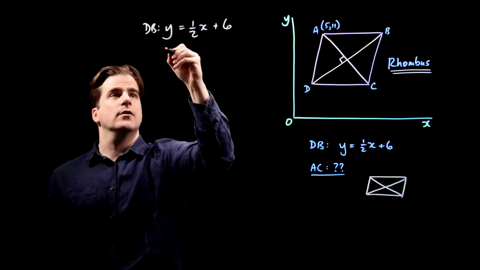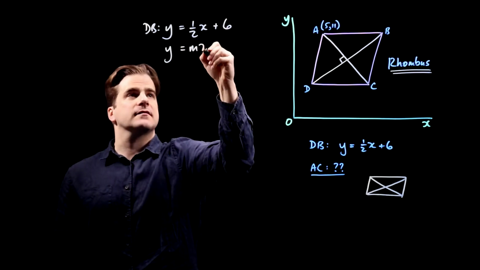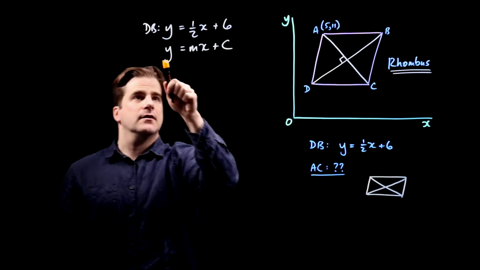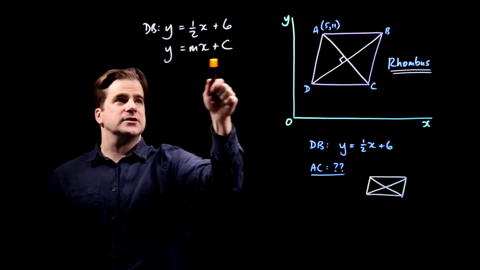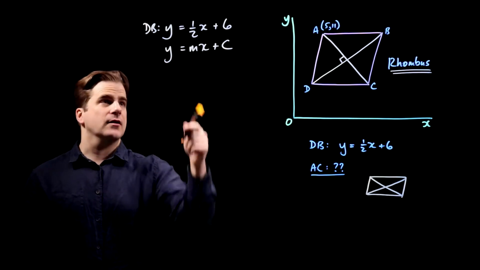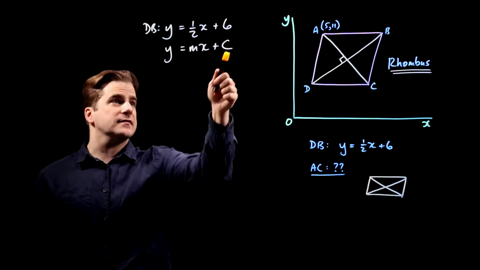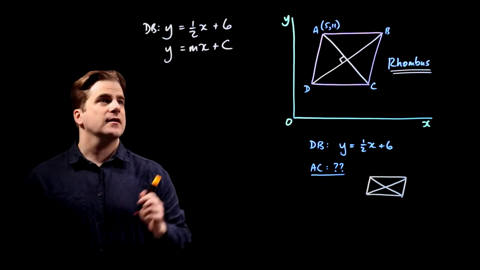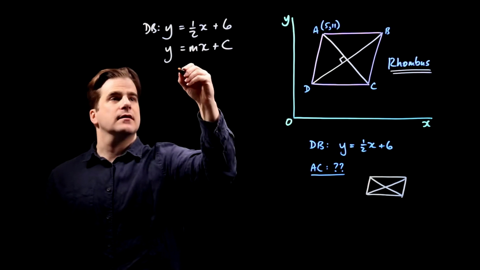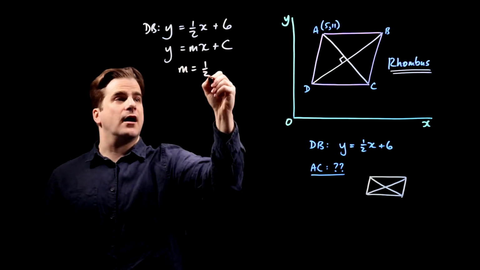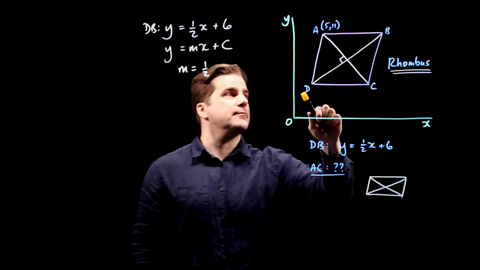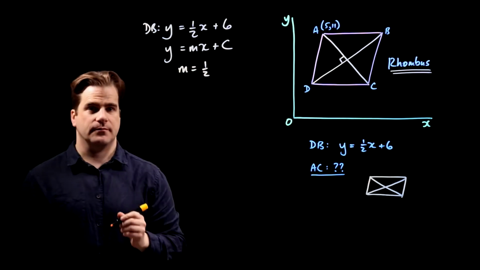That's in the form y equals mx plus c, the equation of a straight line where m is the gradient and c is the y-intercept. So we can just read off the gradient. m is a half for line DB.